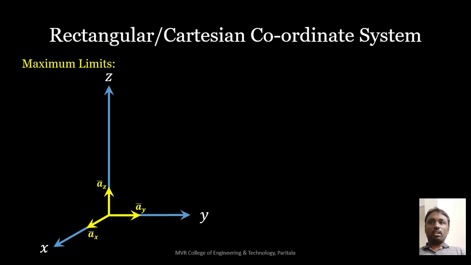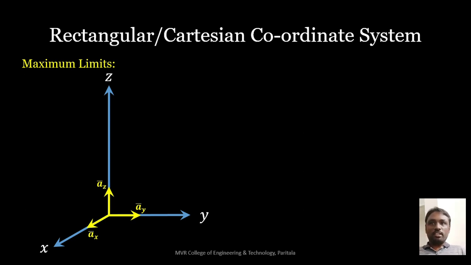How can it occupy the whole universe? If you take the x-axis and keep increasing from minus infinity to plus infinity, similarly the y-axis from minus infinity to plus infinity, and similarly the z-axis from minus infinity to plus infinity, then that rectangular box can occupy the whole universe.